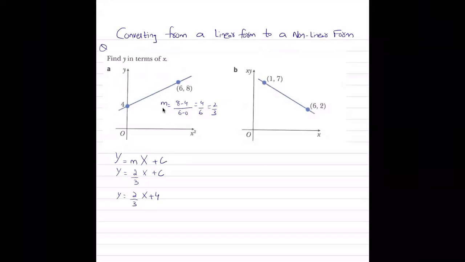Now you can replace capital Y and capital X with the quantities that were plotted. So capital Y is simply going to be small y, 2 upon 3, capital X was x square, plus 4. That's your non-linear equation. Get the point? Now try the second part on your own.